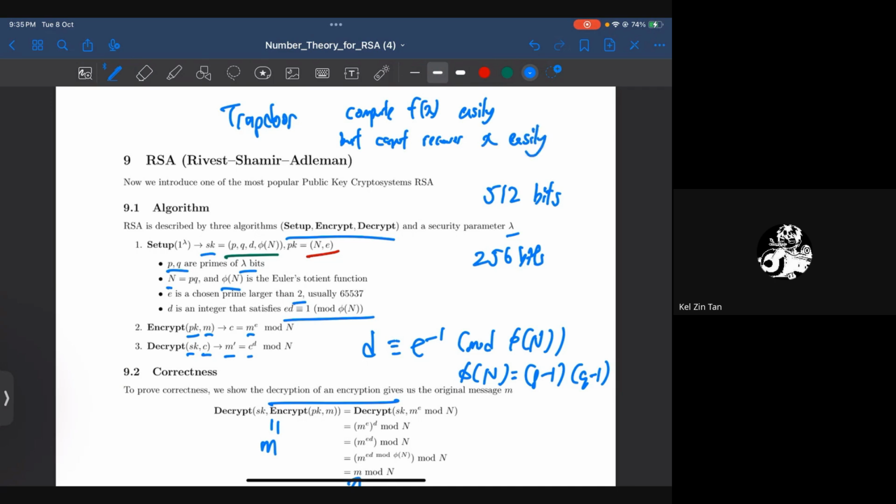But given a trapdoor T, which in the case of RSA is the integer factorization, you can compute the inverse easily. You can find x easily. There are not a lot of known trapdoors out there in cryptography.